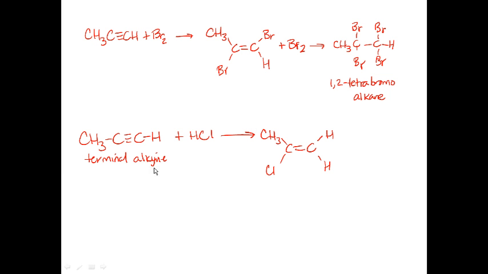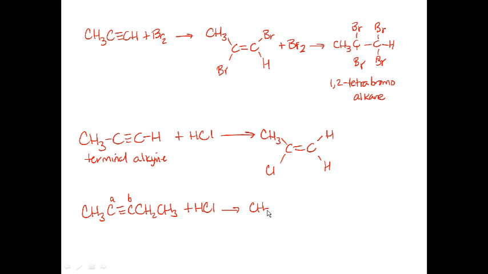Now, what happens if you have an internal alkyne? Let's just say, for the sake of argument, that I have a methyl group attached to one end of the triple bond and an ethyl. So when I add HCl to this, well, this is carbon A and carbon B, I'm going to end up with two different products because Markovnikov's rule says add the hydrogen to the carbon with the most hydrogens. Well, each of these two carbons has 0 hydrogens.